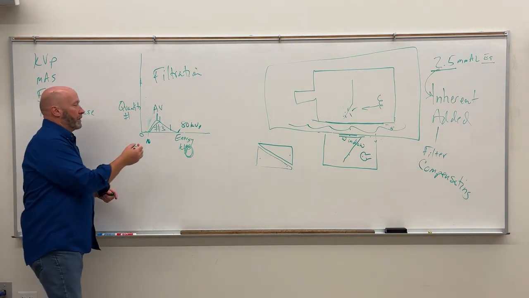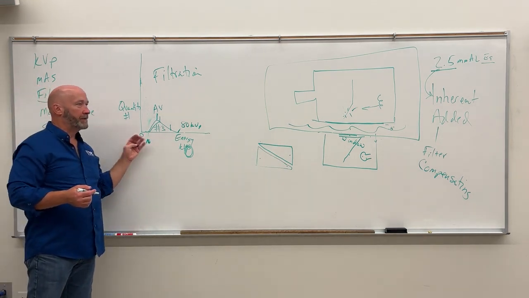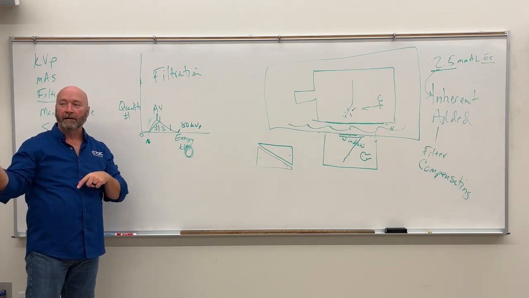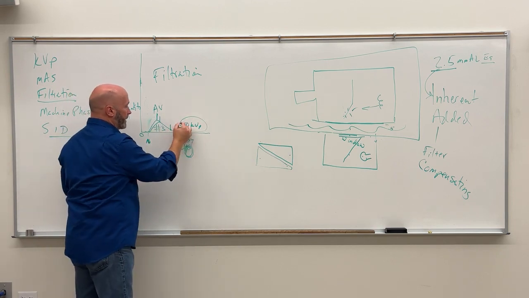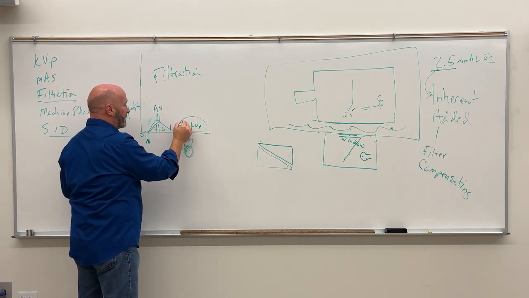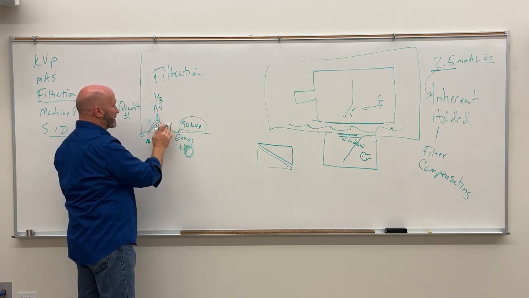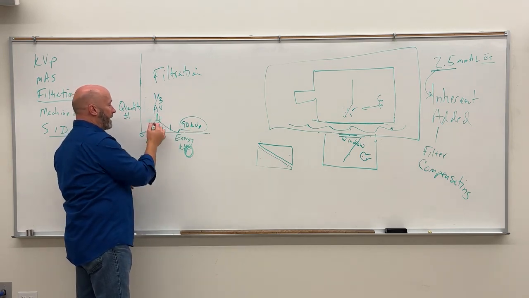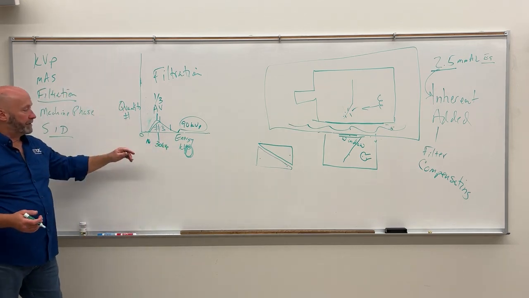As we added filtration, what we got is an X-ray beam that has a higher average energy, right? So now our average energy on 80 kVp, let's make it easier and go with 90, because our average is right about 1/3, which means that before we added this other filtration, if we had a 90 kVp X-ray beam, our average beam energy was 30 kVp.